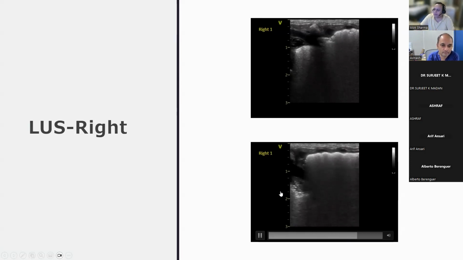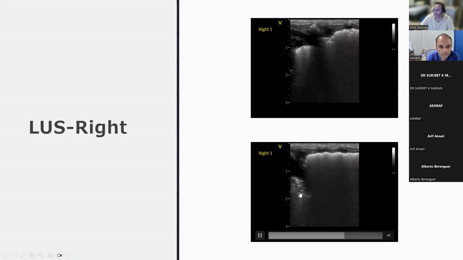Now, do you remember when we spoke about collapse and consolidation? How do you differentiate? So with consolidation, it should arise from the pleural line. And can you see a pleural line over here? No. Okay, so if no pleural line, is this aerated or not aerated? Not aerated.